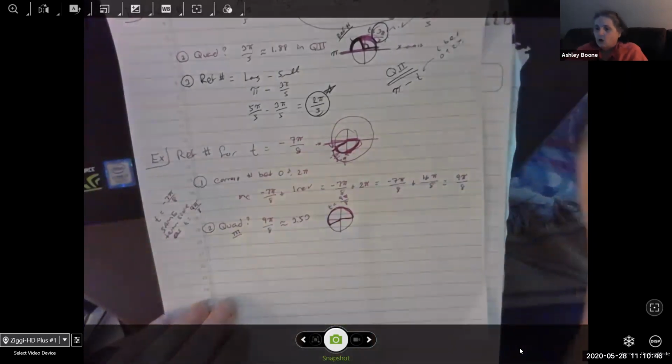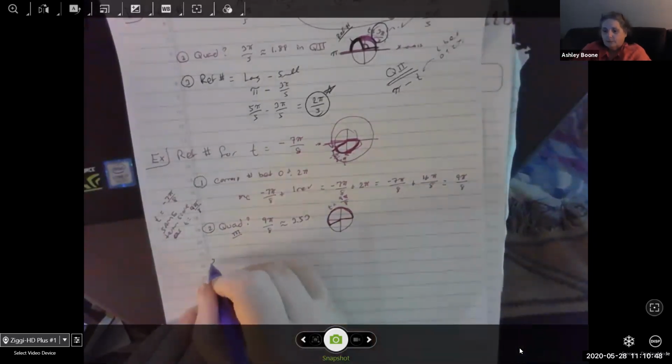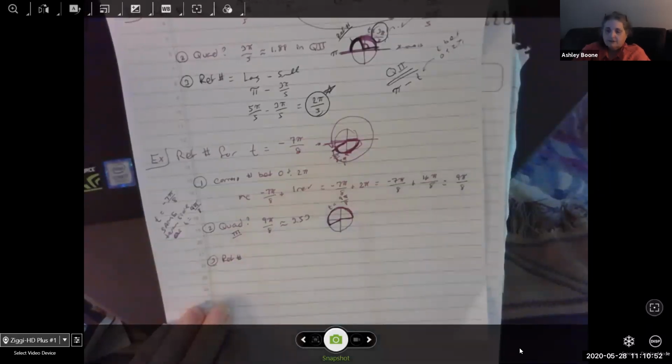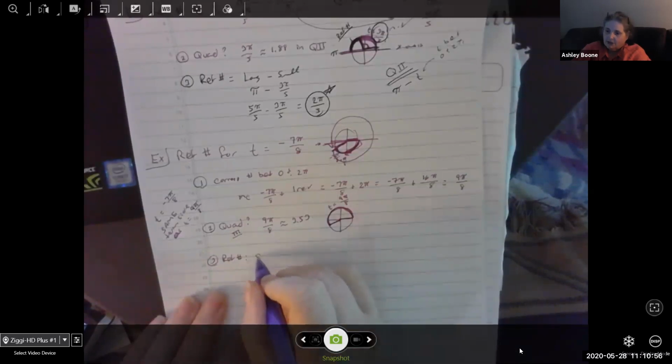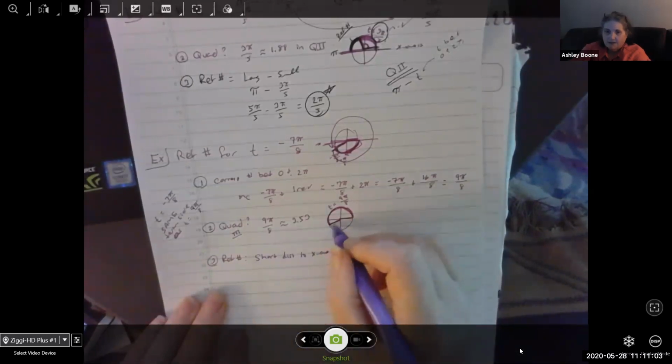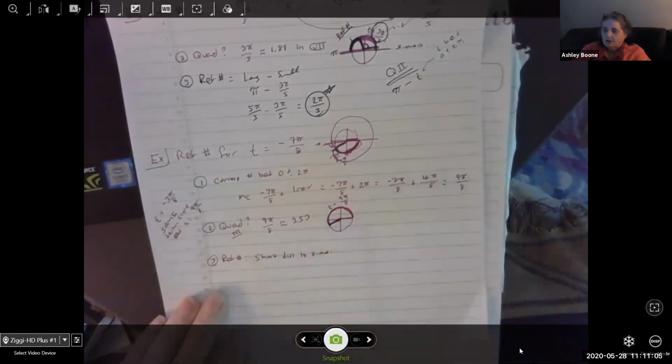Remember, when we want the reference number, we're trying to find the shortest distance to the x-axis. Well, look at this. If this is where you're terminating, you have two options.